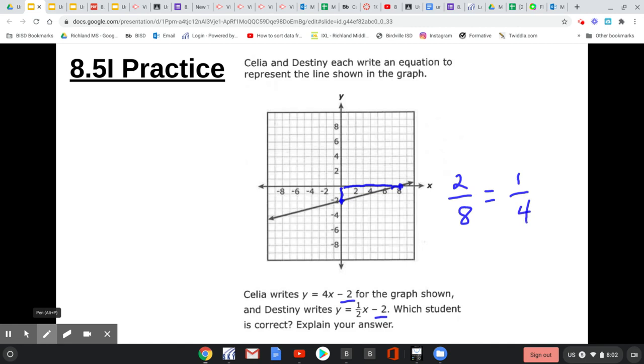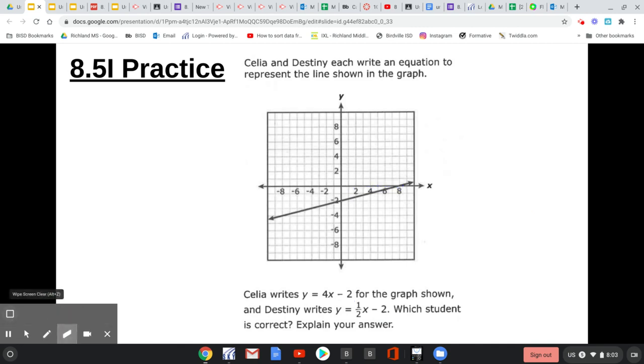Well, let's see if we can put these points in the calculator. Yeah, that's an exact point, and that's an exact point. So let's see if I can put those in a table.